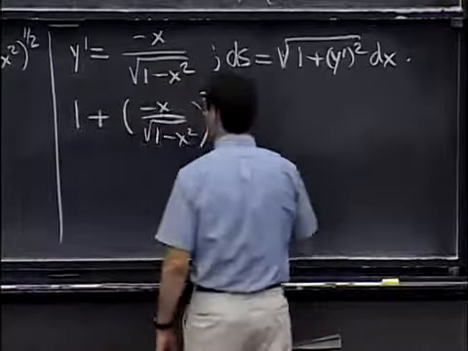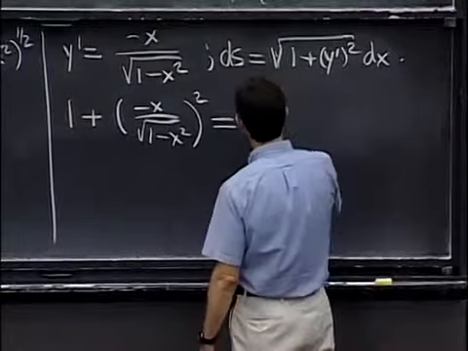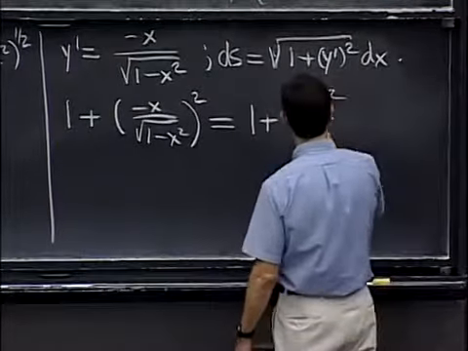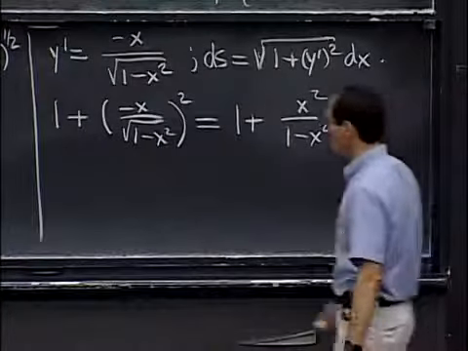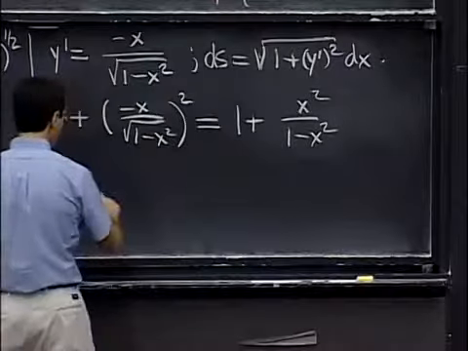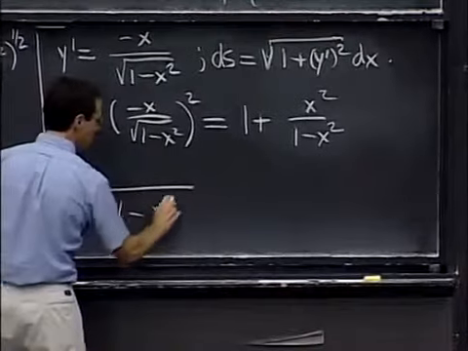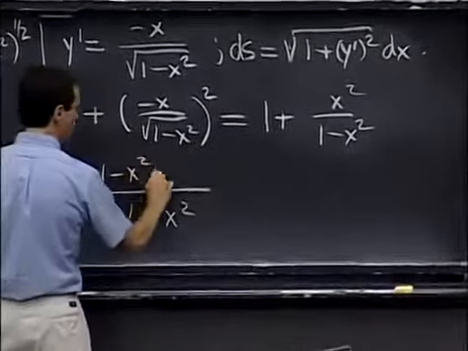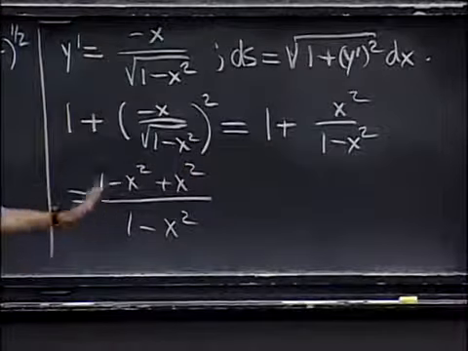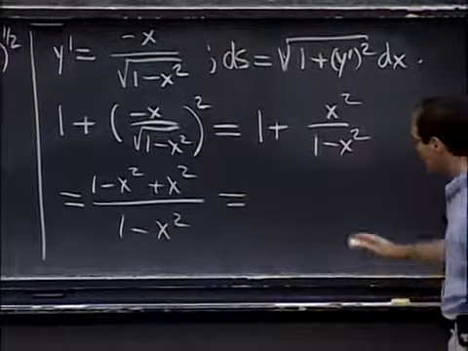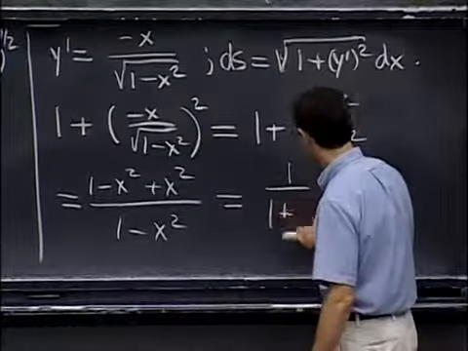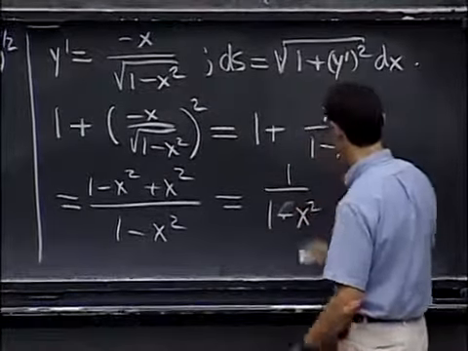So let's do that. This is 1 plus x squared over 1 minus x squared. That's what this simplifies to. And that's equal to, over a common denominator, 1 minus x squared plus x squared, over 1 minus x squared. And there is a little bit of simplification now, because the two x squareds cancel, and we get 1 over 1 minus x squared.